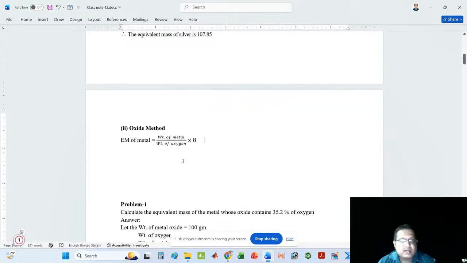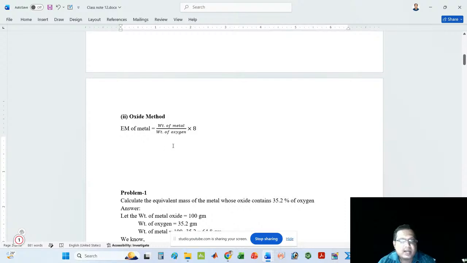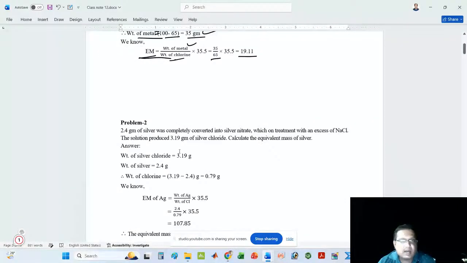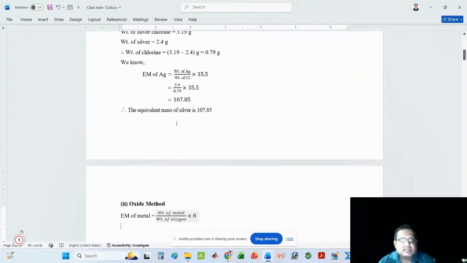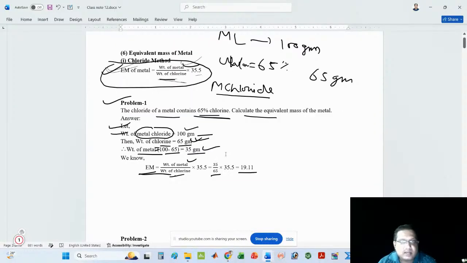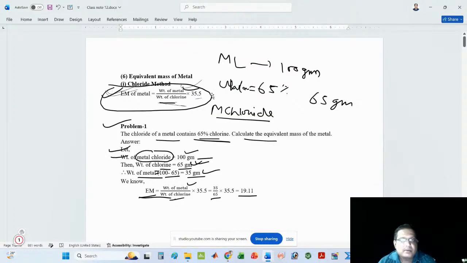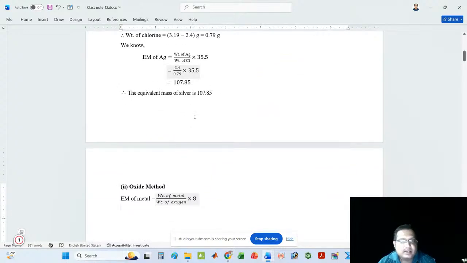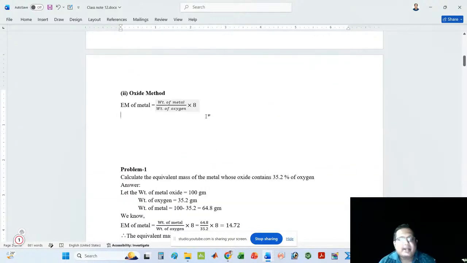In the chloride method, I have taken the weight of chlorine, and since I compared with 35.5 parts of chlorine, I multiplied by 35.5 as per the definition. For oxide, it is compared with 8 parts of oxygen, so in this formula I have written multiplied with 8.